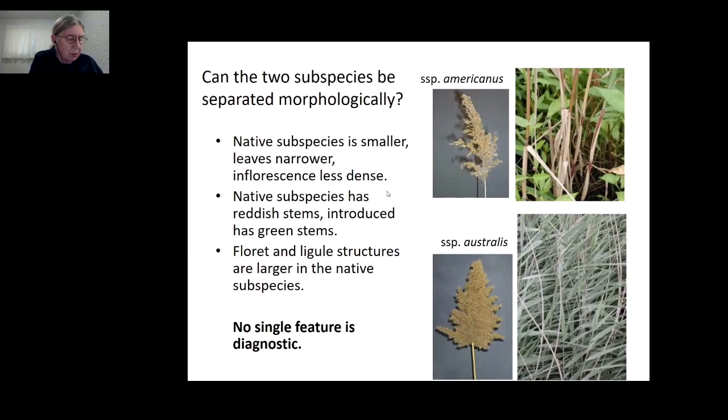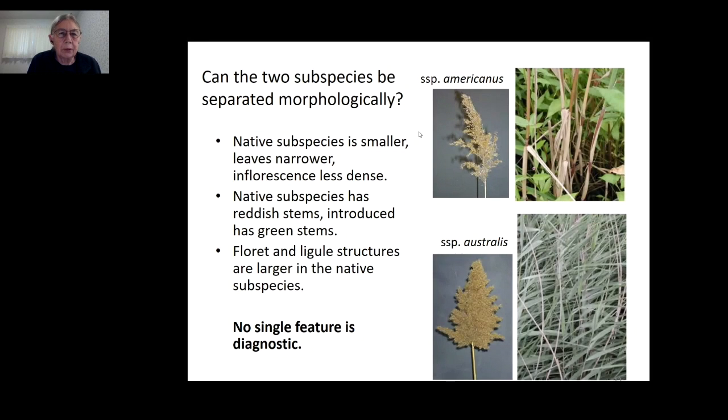So one of the things that we were doing, as well as looking at the distributions of native and invasive forms, was to see whether we could collect additional data on how to tell these forms apart using just morphology.